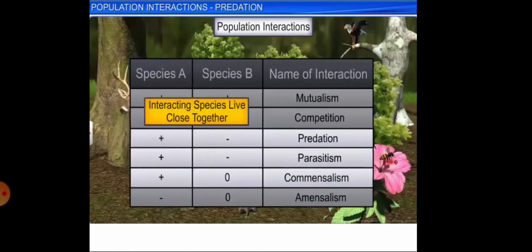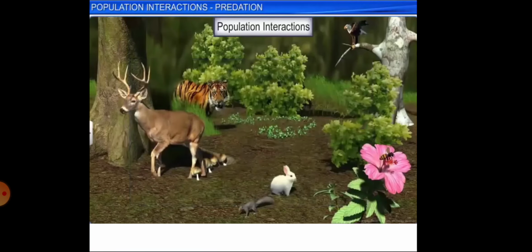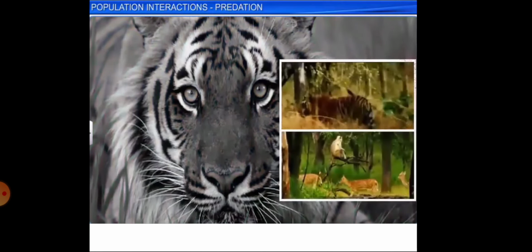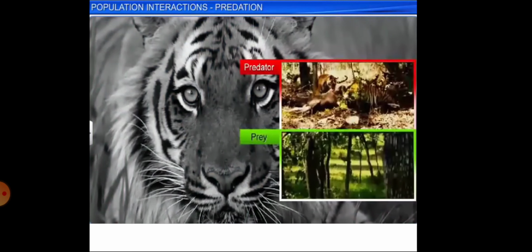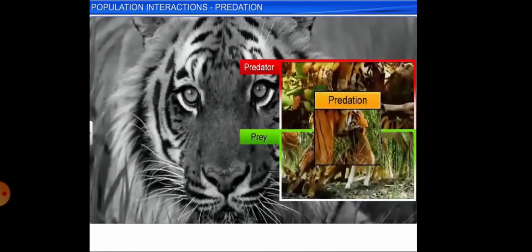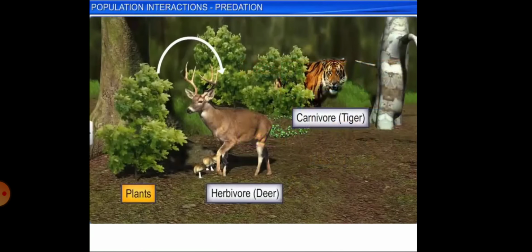Let's look at predation in detail. When members of one species called the predator feed on another species called the prey, the interaction is known as predation. For plants, herbivores are the predators, which in turn are predated by carnivores.